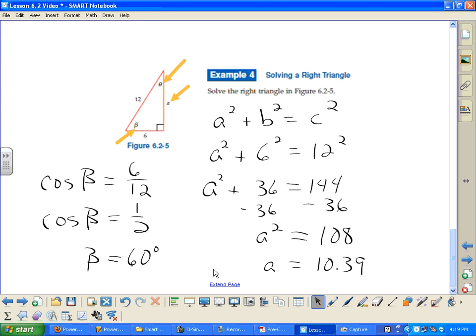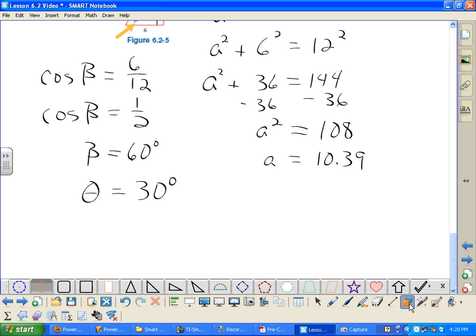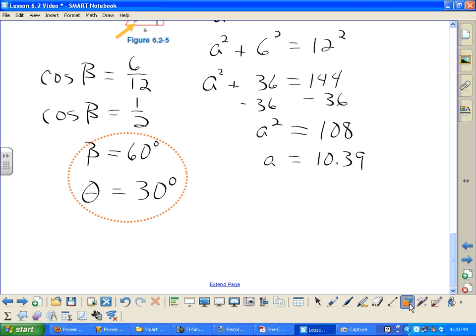So then our angle theta is relatively easy, because we know the two angles have to add to 90 degrees, so this would be 30 degrees. So my answers are angle beta and angle theta are 60 and 30, and side A would be 10.39.